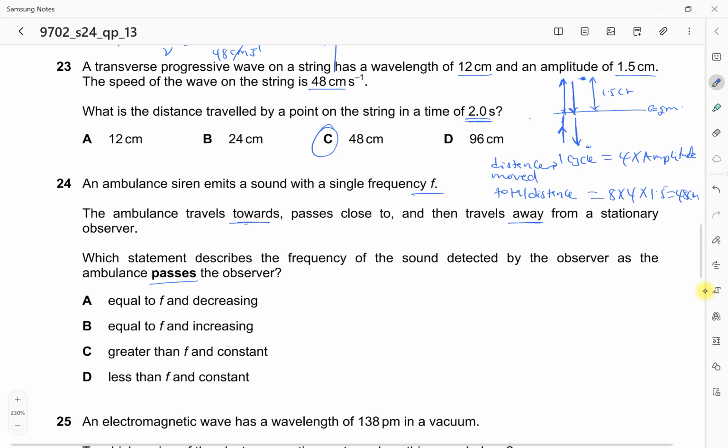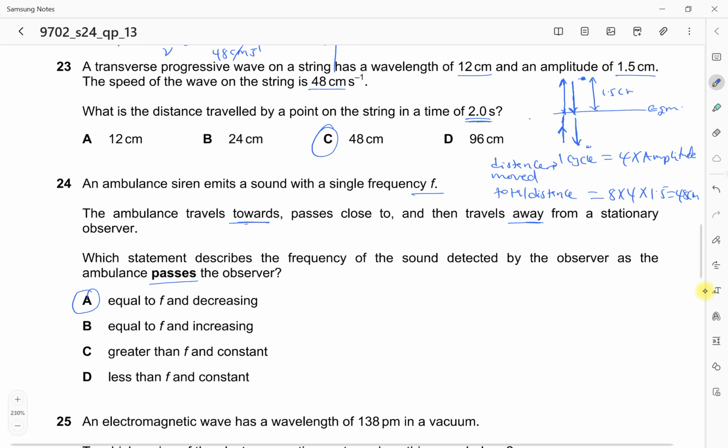As the ambulance passes the observer, the answer is automatically going to be A, equal to f and decreasing. Remember, when it's just approaching, the frequency is greater than f.